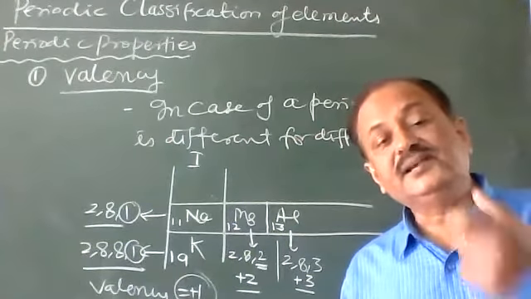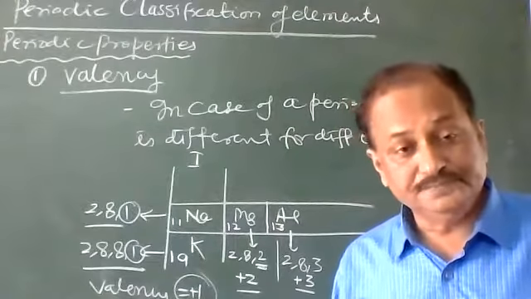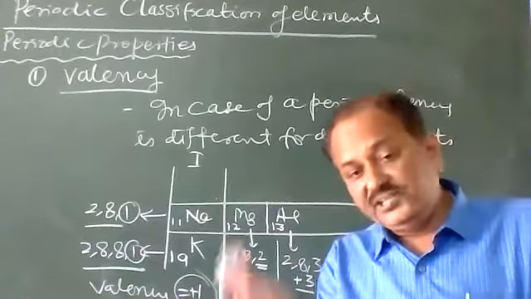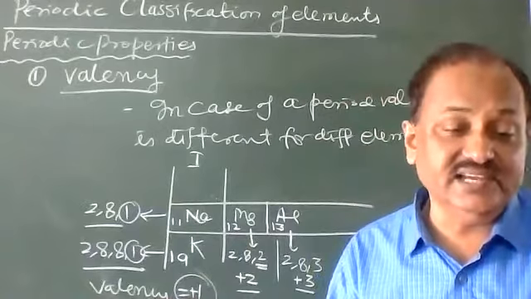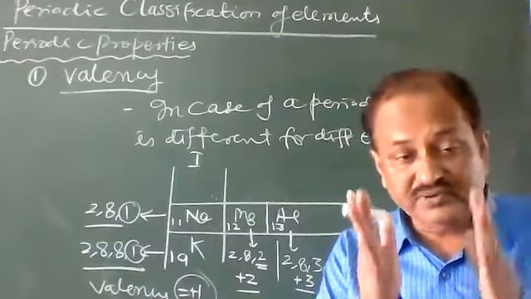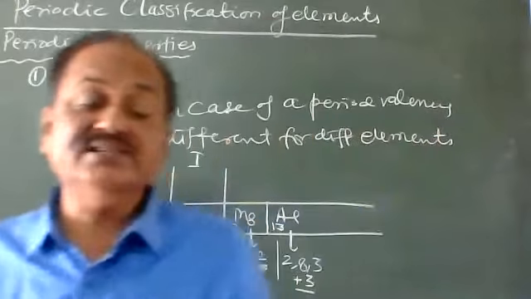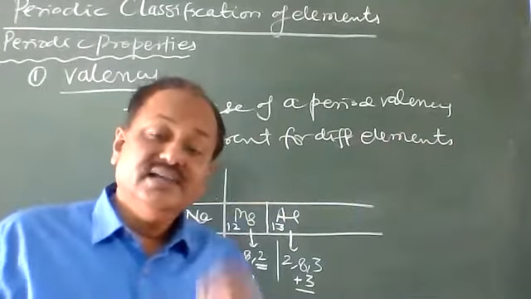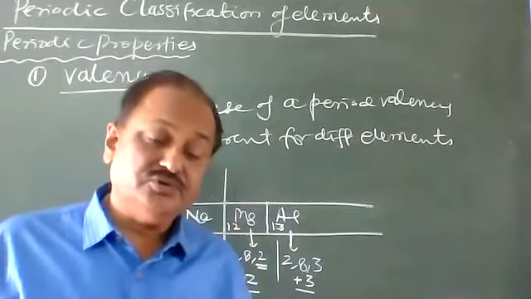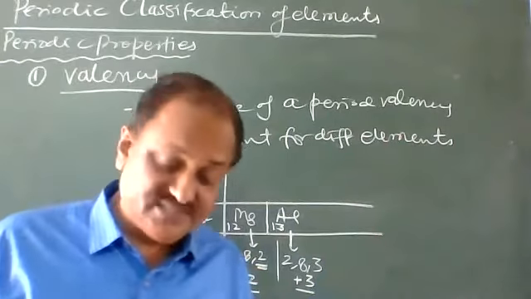Plus means the tendency to lose the electrons. When any element loses electrons, its valency is indicated as positive. So positive valency indicates that the element has lost the requisite number of electrons to acquire the configuration.